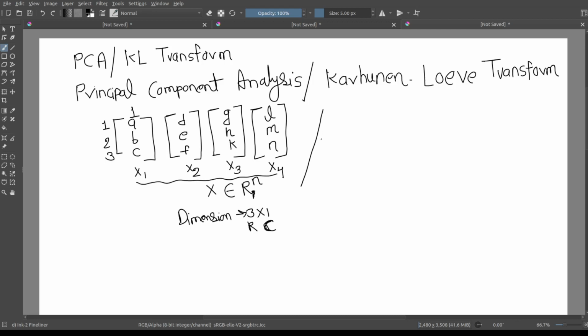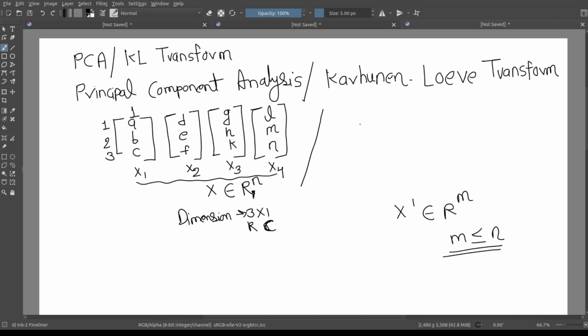After the transform, the advantage is that we can reduce the dimension, making x prime from x, which belongs to Rm, where m is less than or equal to n, the actual dimension of the original feature vectors.